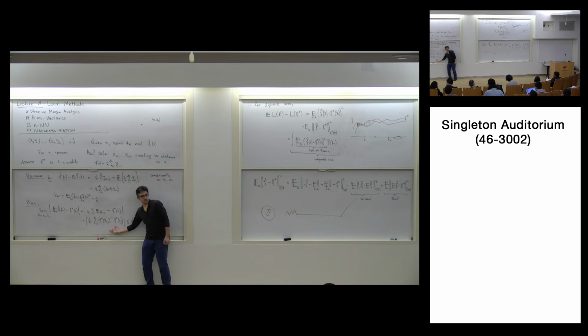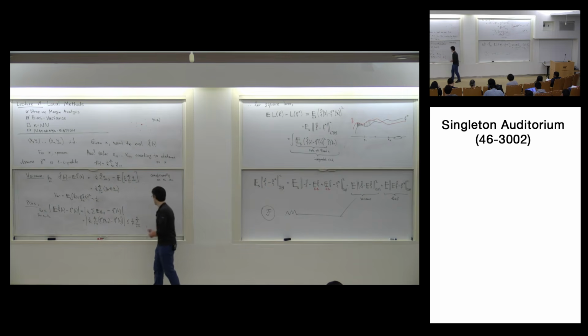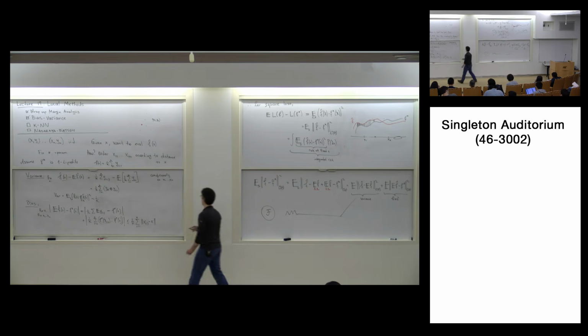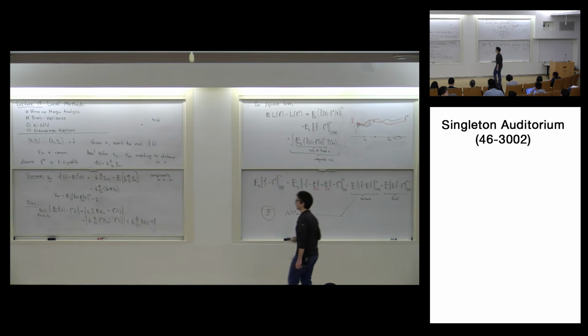If f star is Lipschitz, the difference of the values is bounded by the difference of the x's. It's the definition of Lipschitzness. xi minus x.